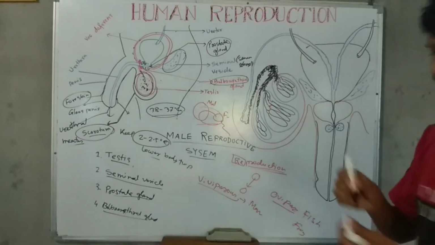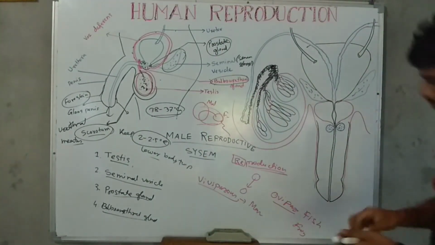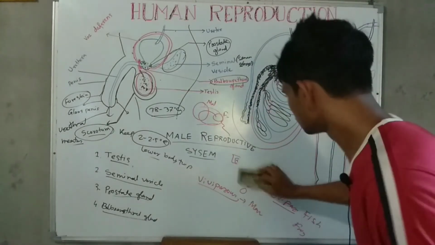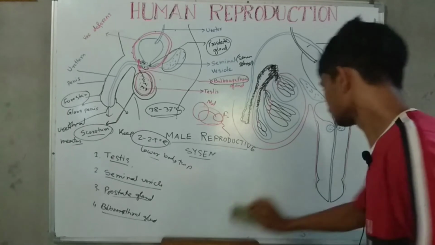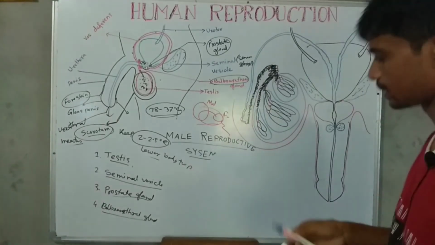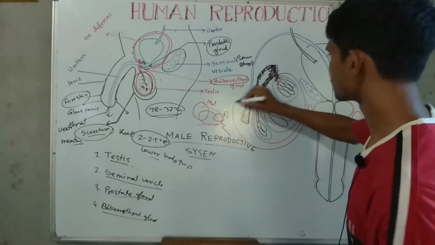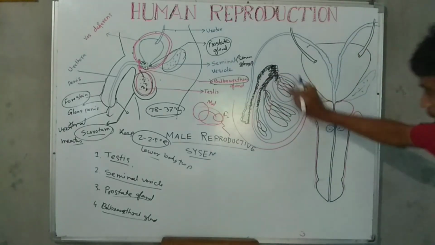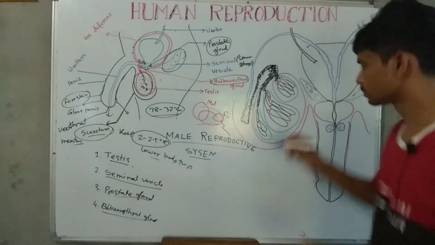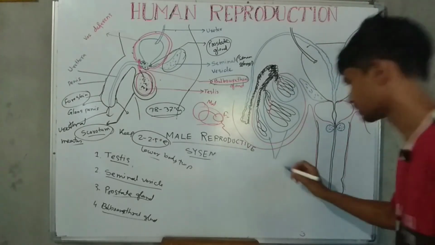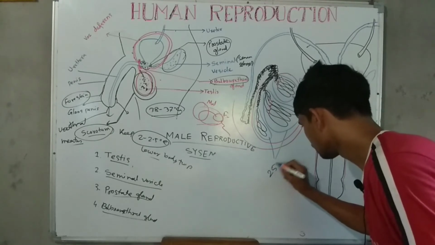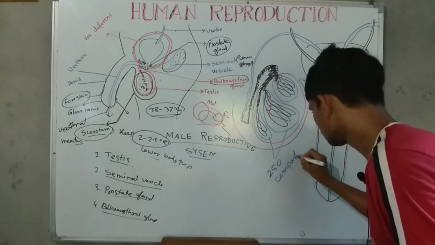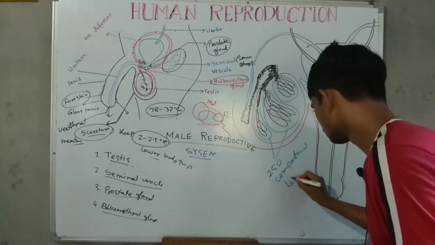And the cross section of the testes, here you can see, is very important. The same thing you can see here. This red color I have drawn is the testes, and inside the testes there are about 250 compartments or lobes.